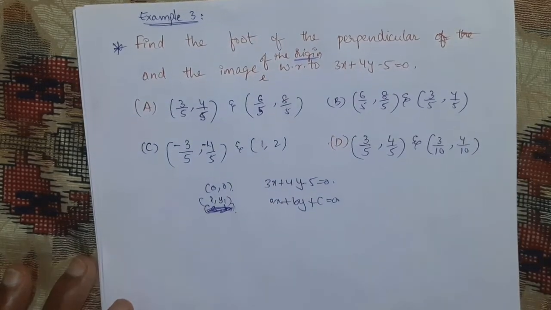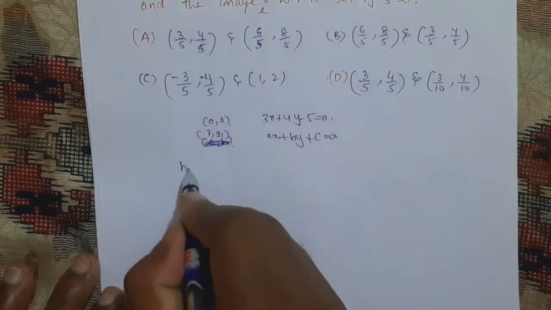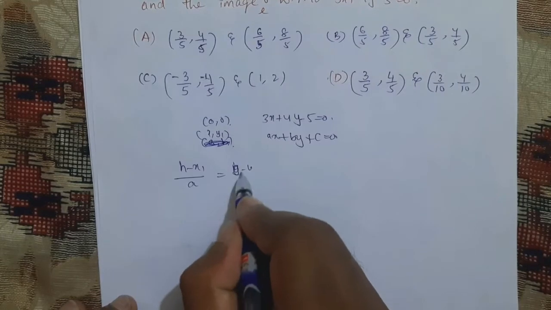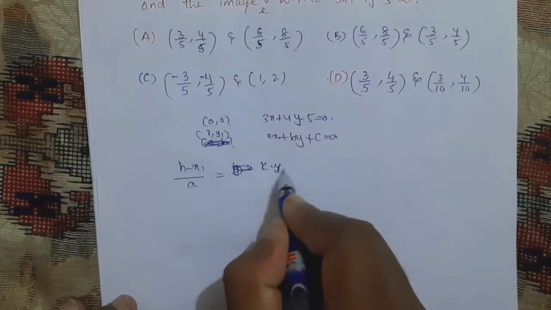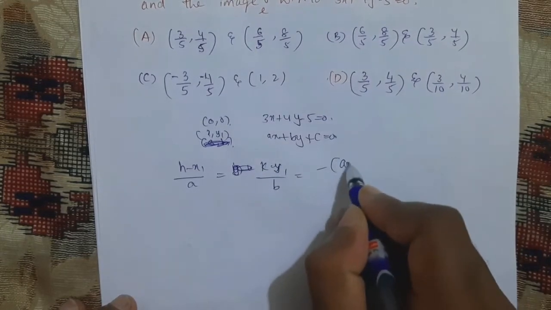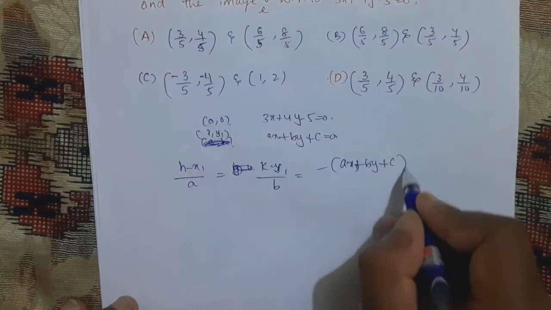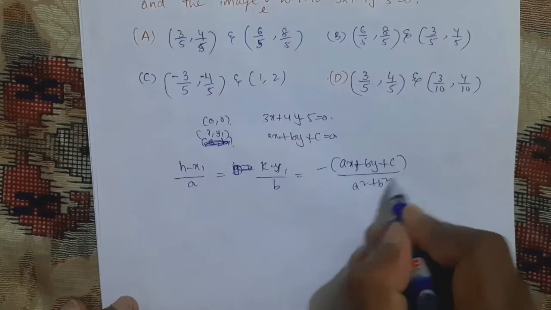Then the formula to find the foot of the perpendicular is (h - x1)/a = (k - y1)/b = -(ax1 + by1 + c)/(a² + b²).